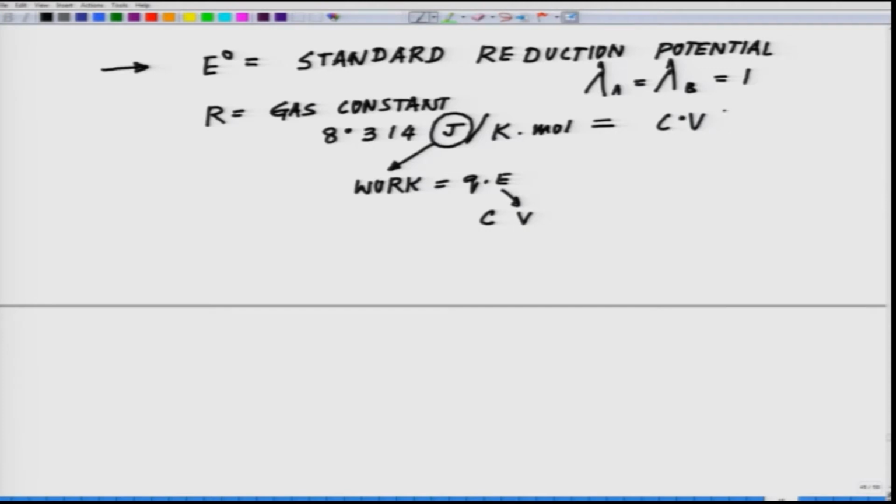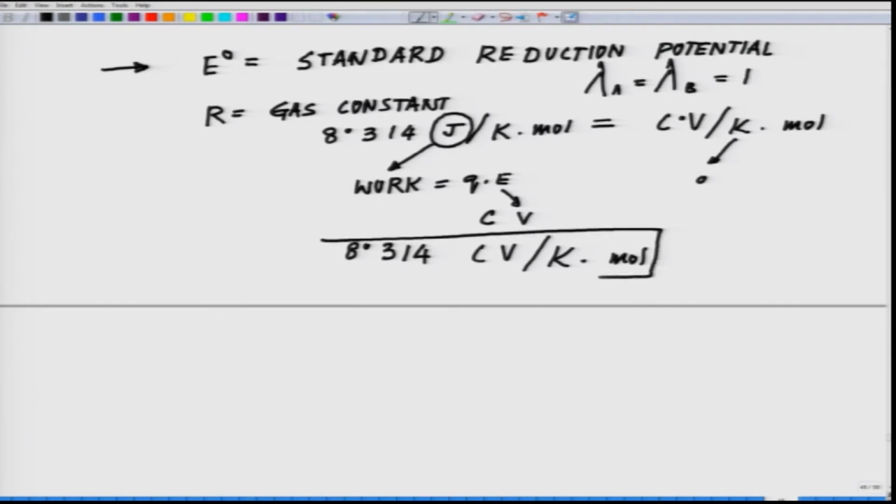C into V per degree, this is temperature, okay, Kelvin. So, I actually can write 8.314 CV, unit of temperature per mole, okay. And this will help us in doing the unit analysis, okay.